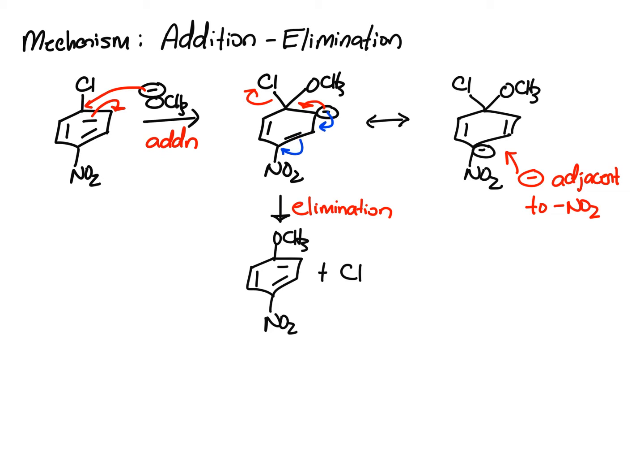When the nitro is at the meta position, if we try to do addition, we can add there. We can put the negative charge on this carbon like we did before.